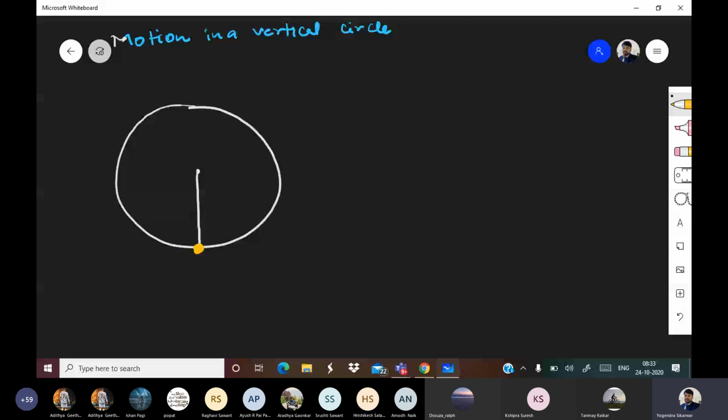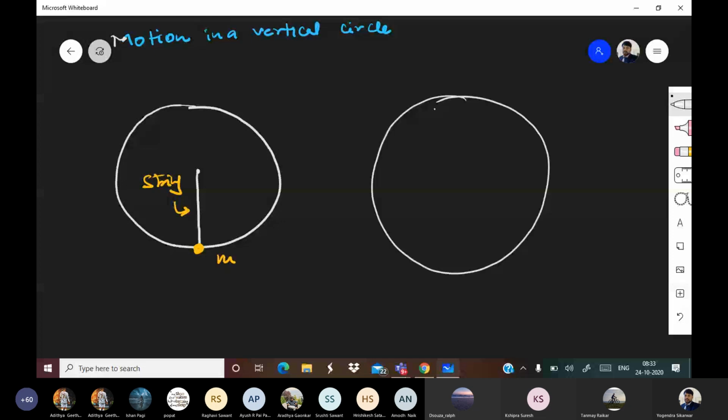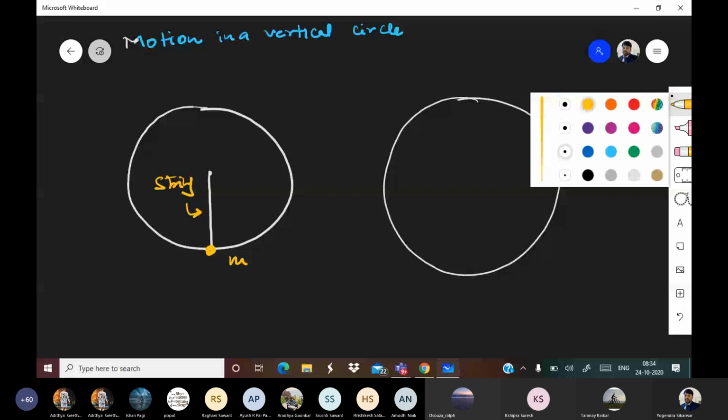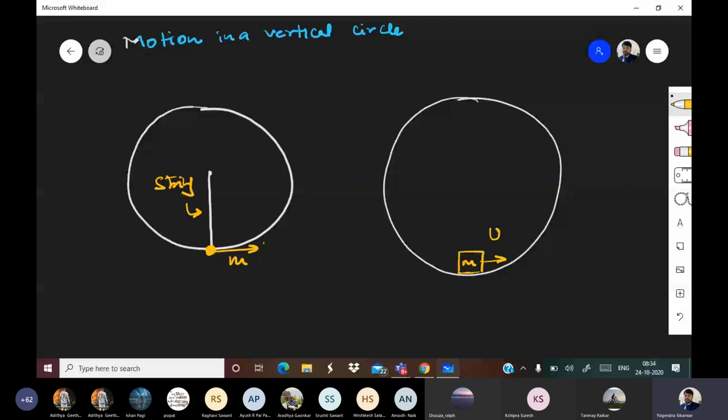And the next type is, okay, and this is U. This is U, or you can say UA is equal to root 5 GR.